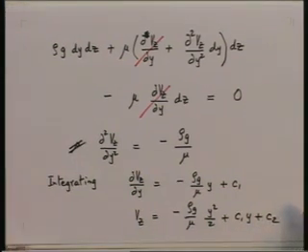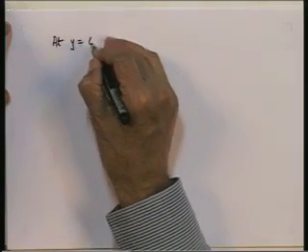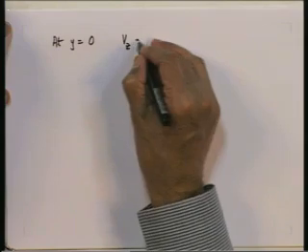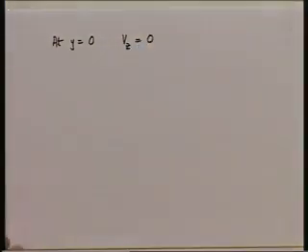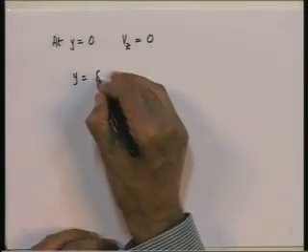So, I need two boundary conditions in order to get the velocity profile of the liquid condensate. What are my two boundary conditions? The first is at y equal to 0, the no slip condition. So, at y equal to 0, Vz is equal to 0, the typical fluid mechanics condition, and at y is equal to delta, let us now use the fact that the vapor exerts no shear stress at the liquid vapor interface.